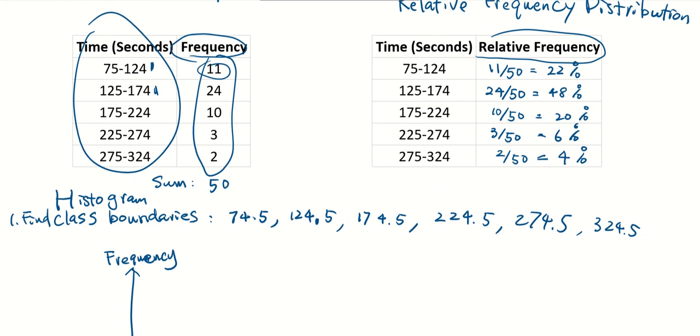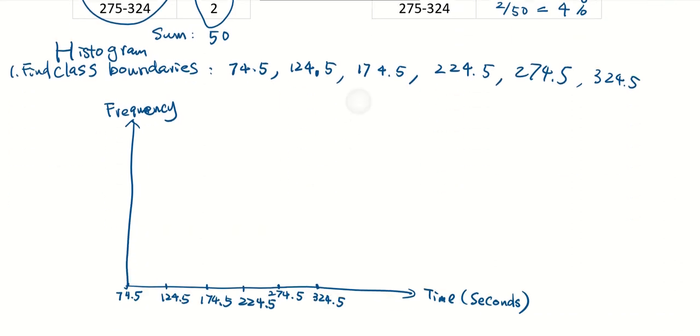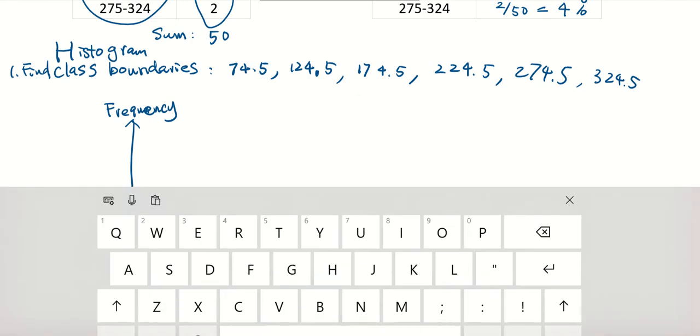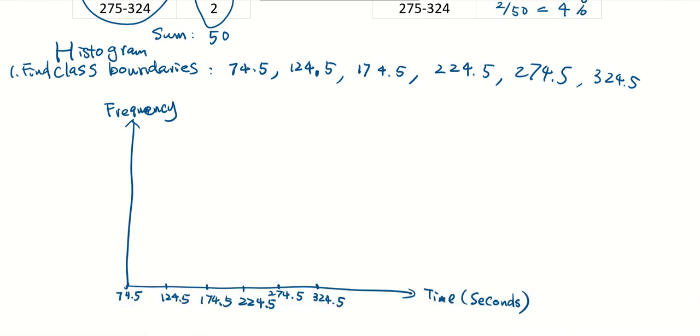The highest is 24, so we will do like 5, 10, 15, 20, 25, okay, as our units. So 5 here, let's say this is 10, it's 15, 20, 25. Over here.